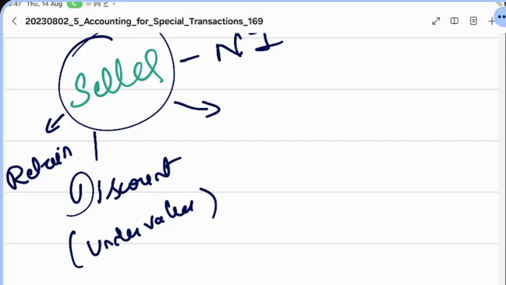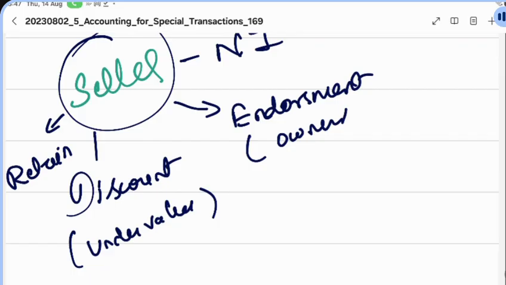That is called endorsement. What do we call it? Endorsement. What happens in endorsement? We transfer the ownership of the bill. Clear? Any doubt? No doubt.